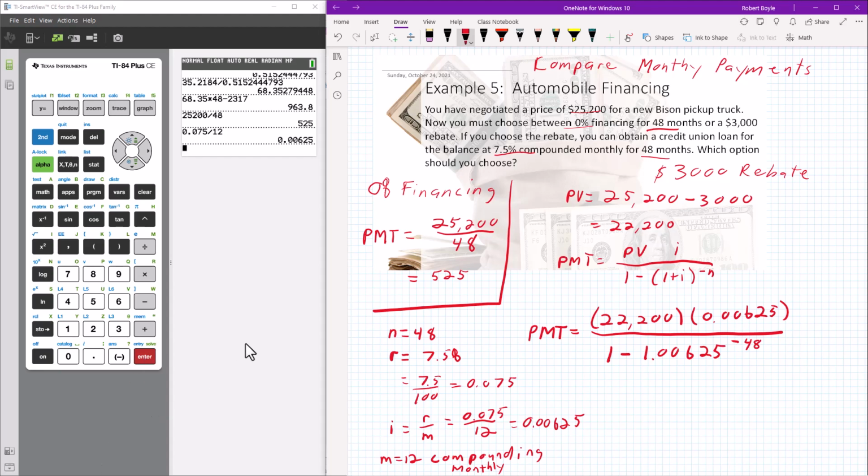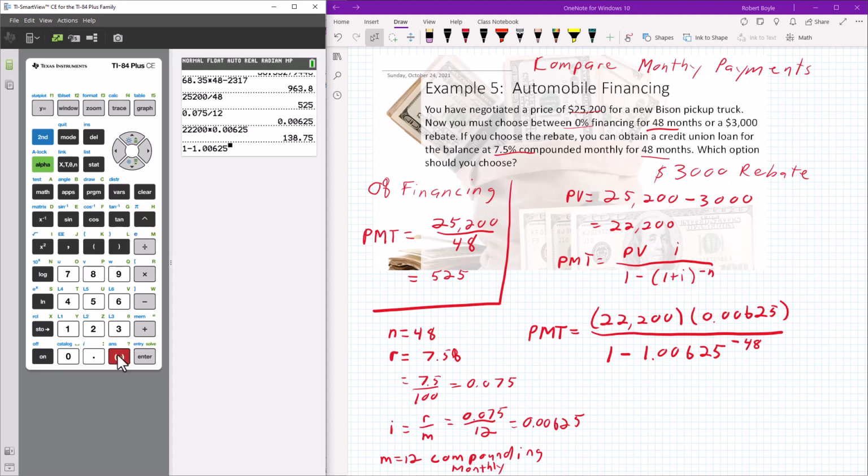Once again, we're going to basically compute the numerator, then we're going to compute the denominator. For the numerator, we have $22,200 times 0.00625. Our denominator, we're going to have 1 minus 1.00625 raised to the exponent negative 48.